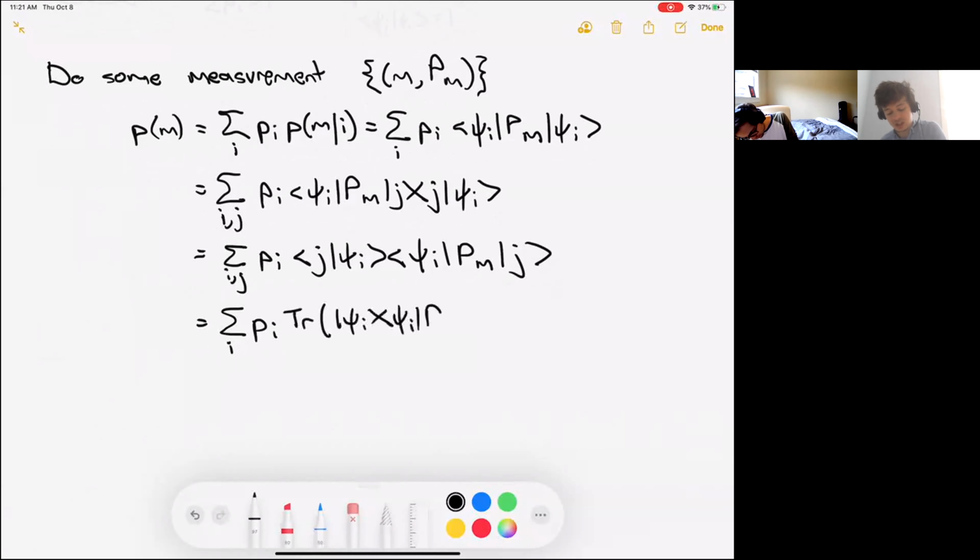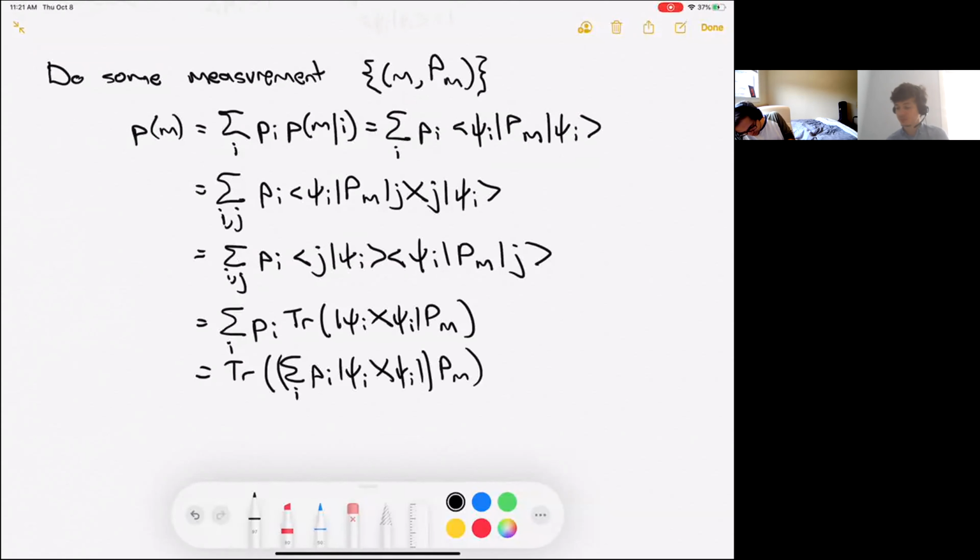This is just a trace of psi I, PM. And finally, everything is linear, so we can move this sum over I inside the trace to give us the sum over I of pi projector onto psi I, and then the whole thing just gets multiplied by PM.